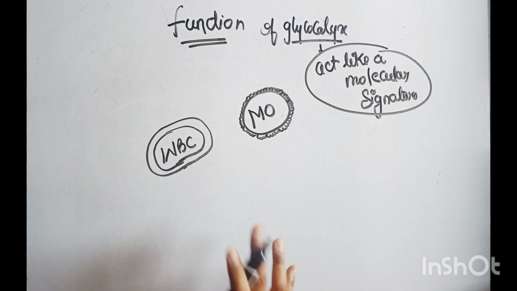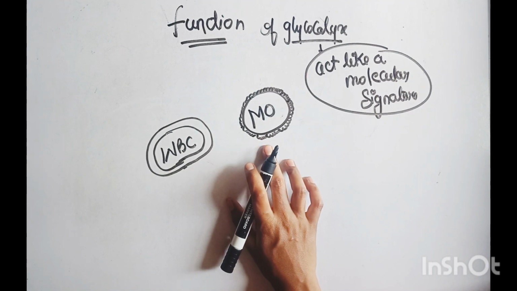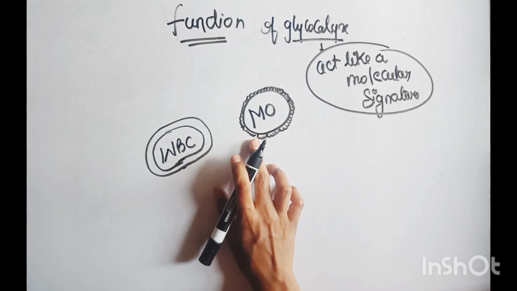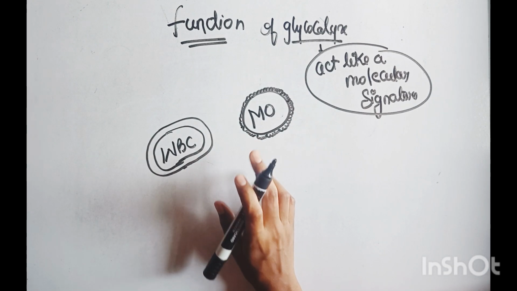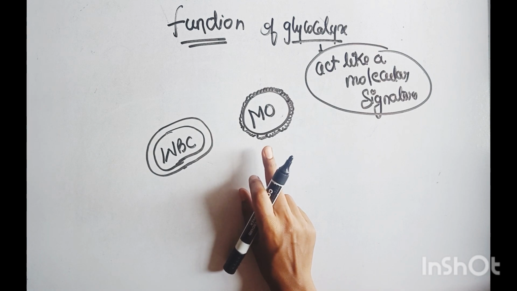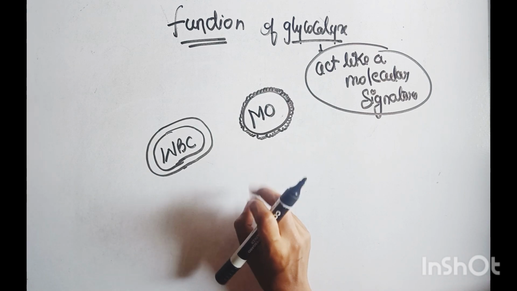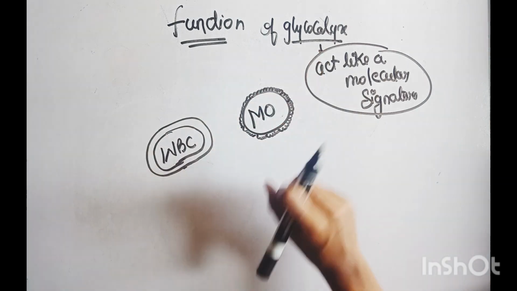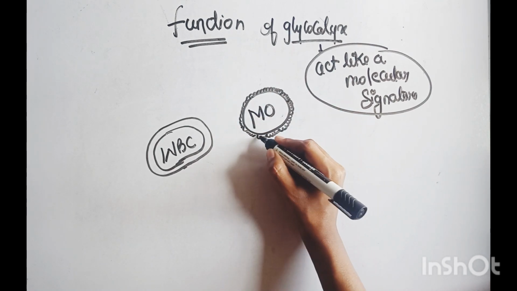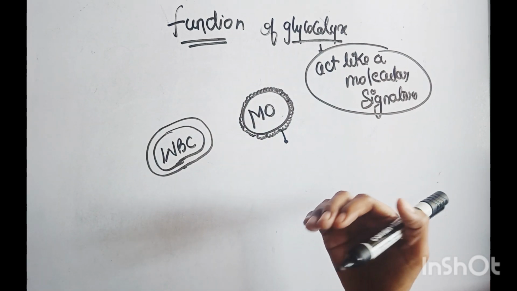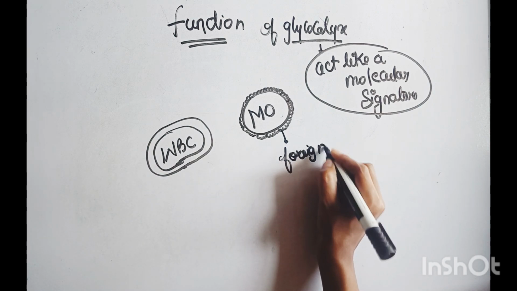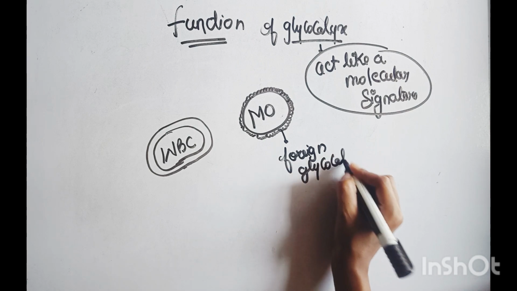For example, when foreign microorganisms enter our body, WBCs, white blood cells, detect these microorganisms. How do they detect that this cell is not our own body's cell but a foreign microorganism? It is easily detected with the help of the glycocalyx, because the glycocalyx of a foreign cell is different from that of our own cells.